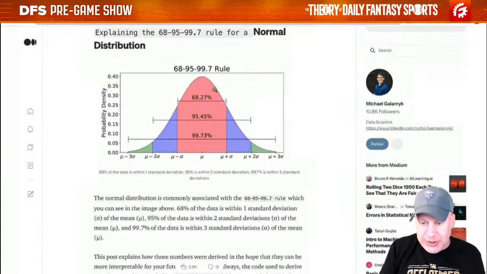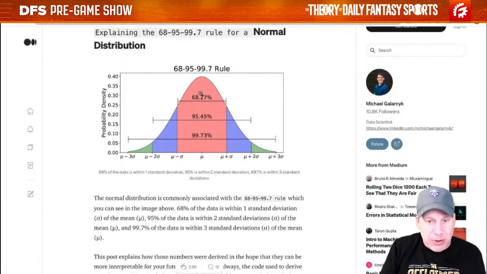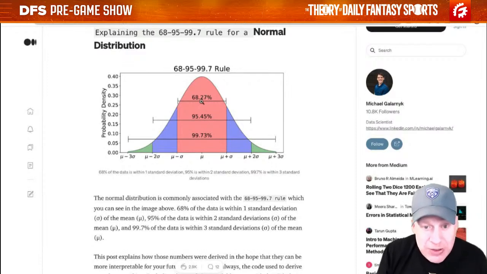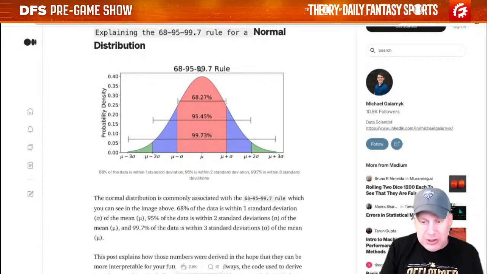If we take a look here, what we think of as a median projection is right in the middle, where this is one standard deviation up, one standard deviation down. This is the 68, 95, 99 rule, which I talked about in the theory of DFS course. So this is what we normally think about sports with their projections in a normal distribution.